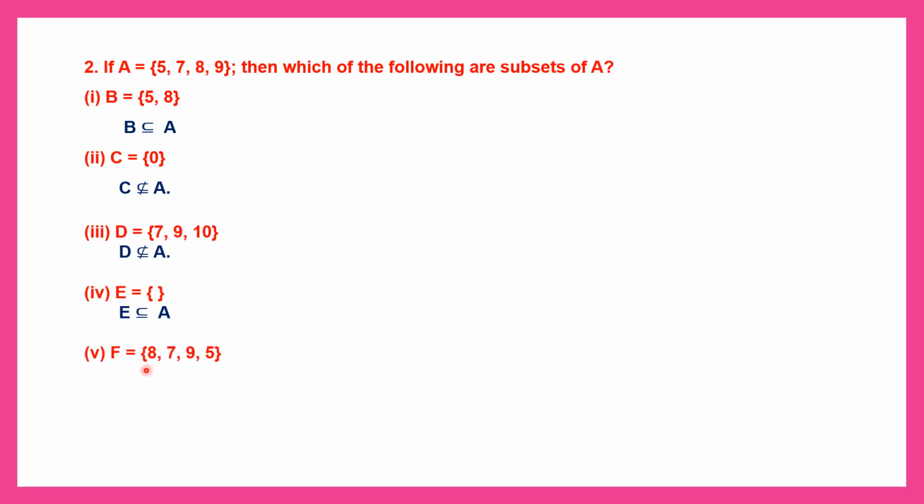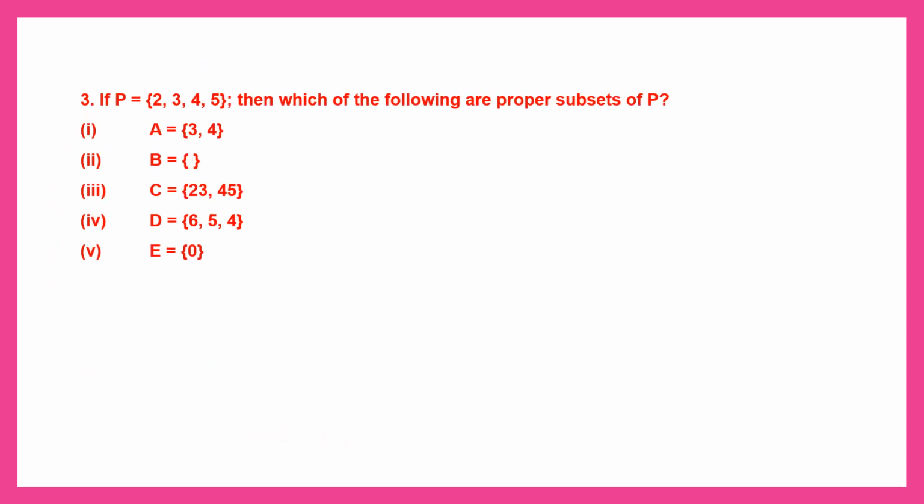F is equal to {8, 7, 9, 5}. It's a set itself. And this also we have learned, the set itself is a subset of every set. So here we can say set F is a subset of set A. So what is the final answer? 1, 4 and 5 are subsets of set A. They are all subsets of set A.